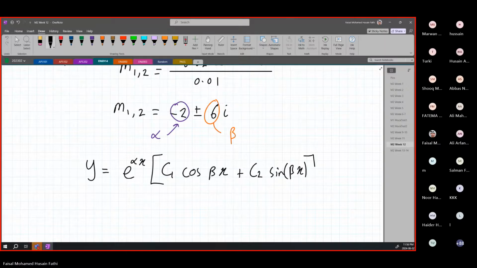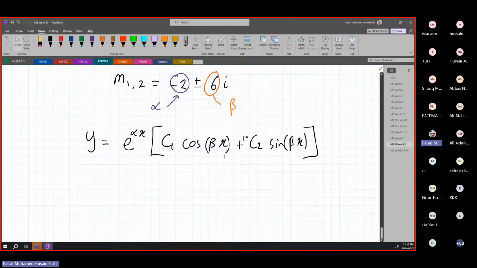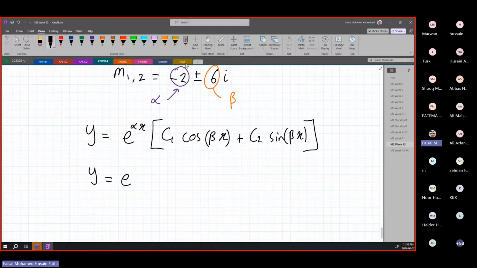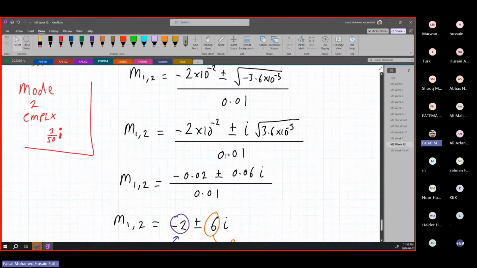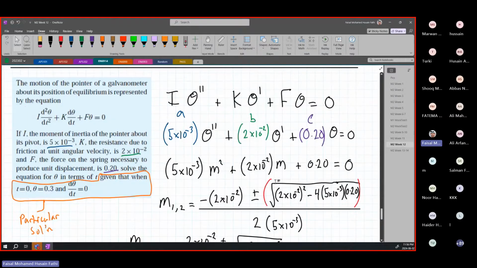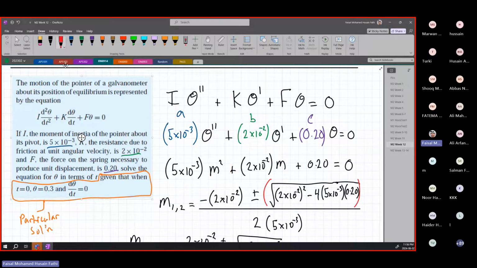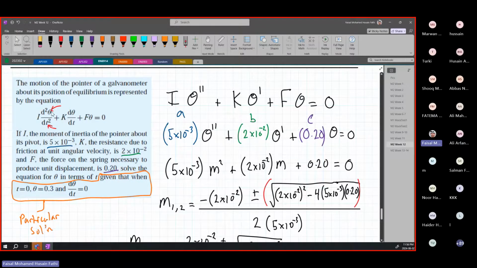All right. So we're just going to plug in our values now. So e to the alpha is negative 2x, c1 cosine beta. Oh, all right. I made a mistake here. I wrote y and x, but our function is in theta and in time. So if you notice here, we have theta and we have t. So basically, y is going to be theta, and x is going to be the letter t.